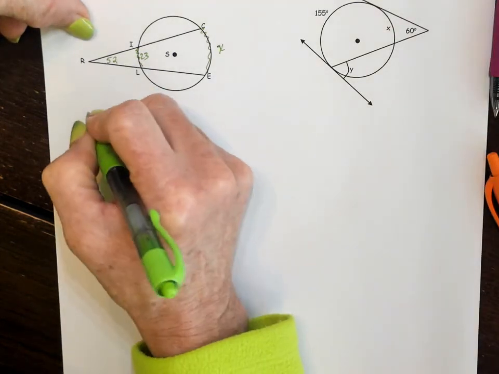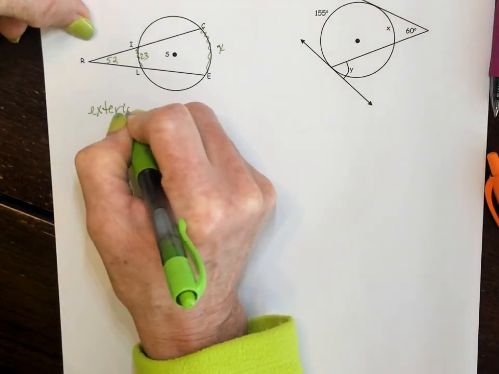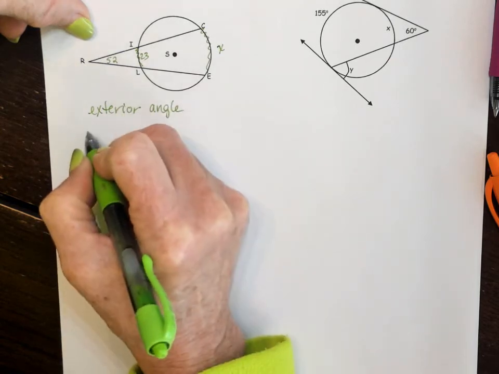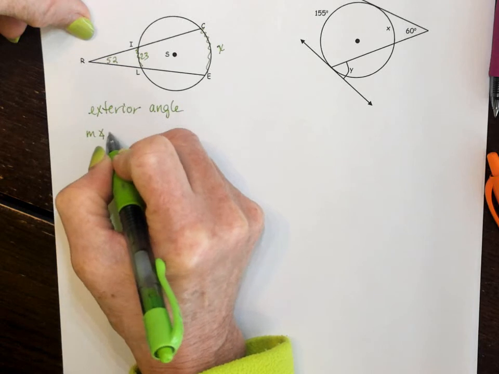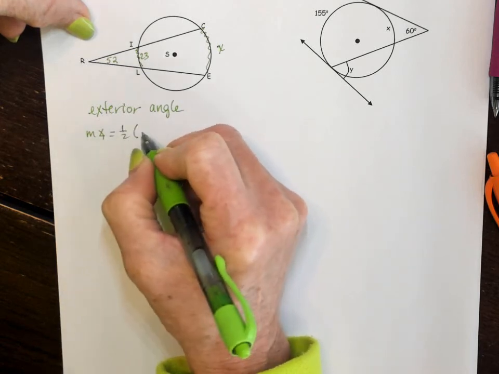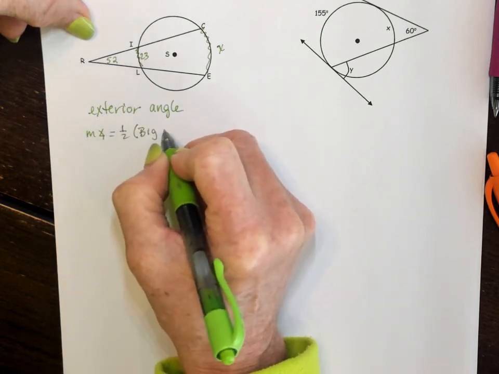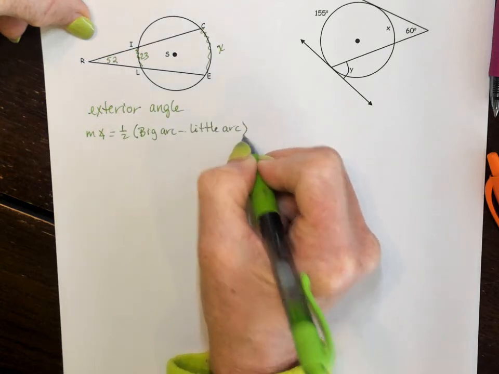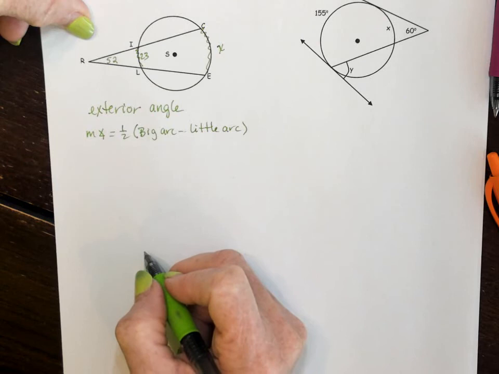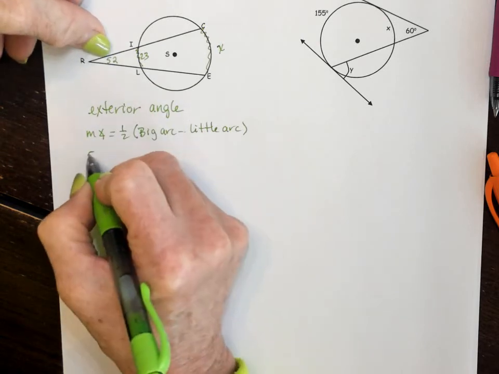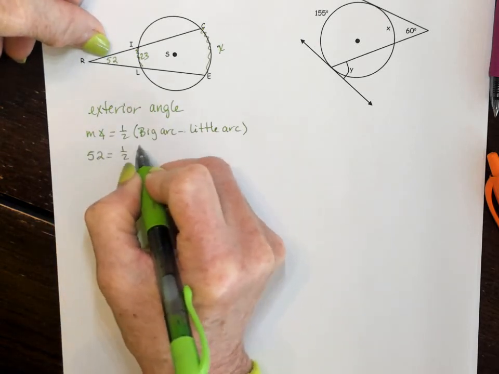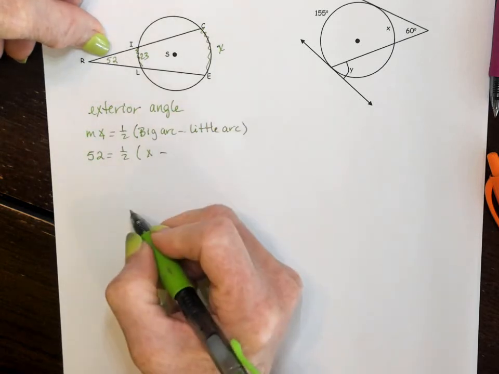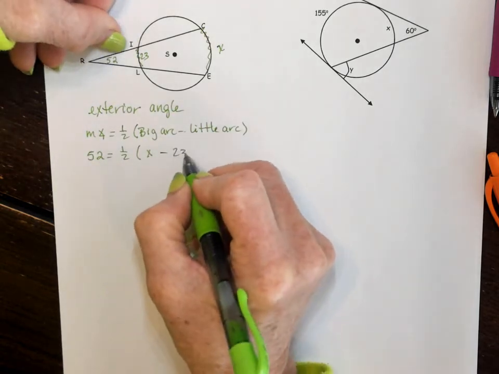Well, what kind of angle are we given? This is an exterior angle. So the formula is measure of the angle is 1/2 big arc minus little arc. Plugging in the stuff we know. The angle this time is 52, so I can plug that in. 1/2 the big arc, x, minus the little arc, 23.